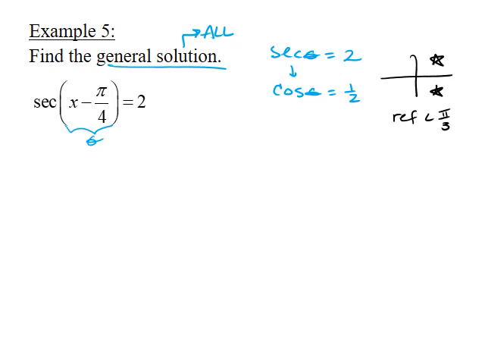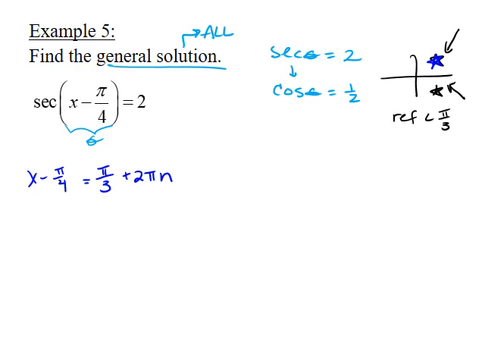In this case, these two multiples of pi over 3 are going to be my foundations. So I'm going to start with this one, pi over 3. Now, my theta is x minus pi over 4, so we're going to use that as the left side of the equation. So pi over 3 plus a revolution, like so.